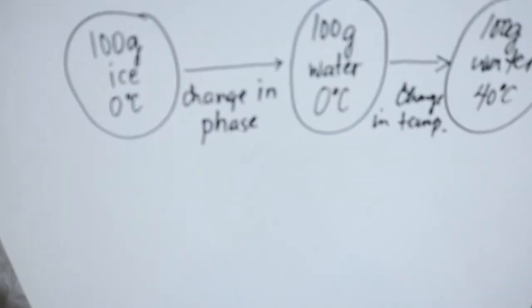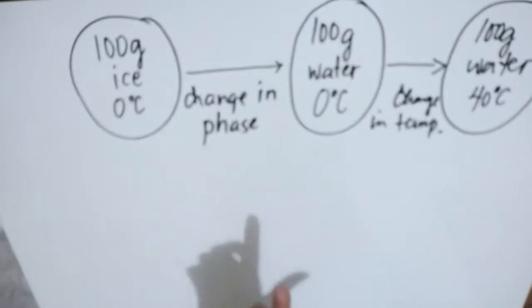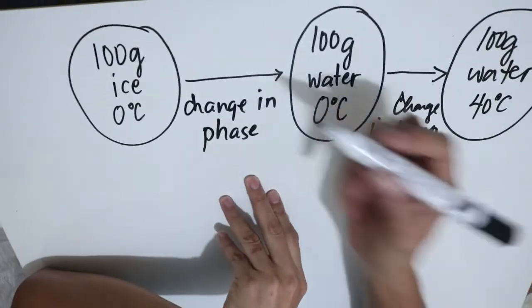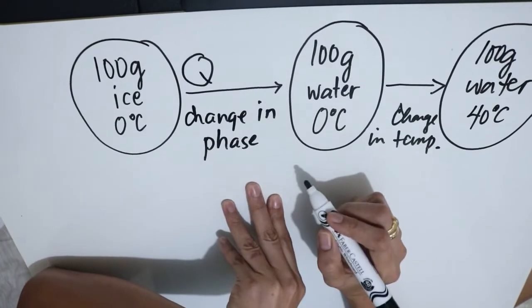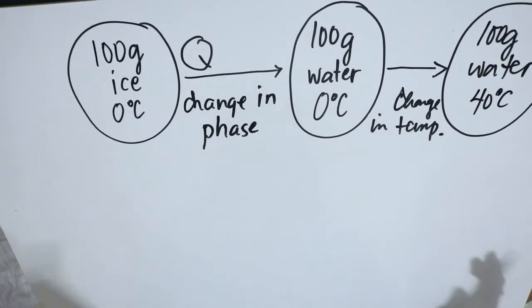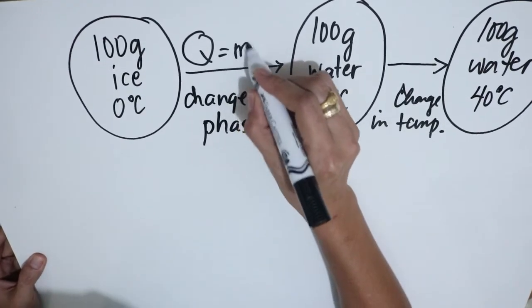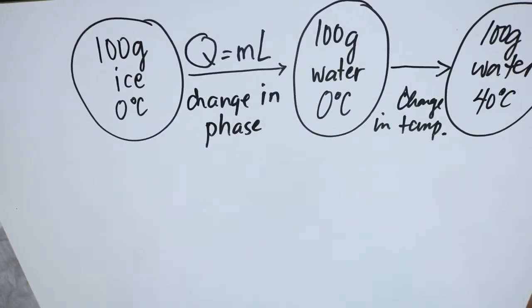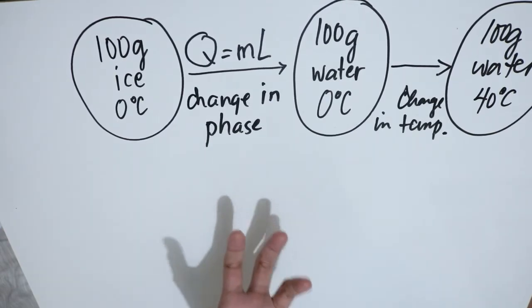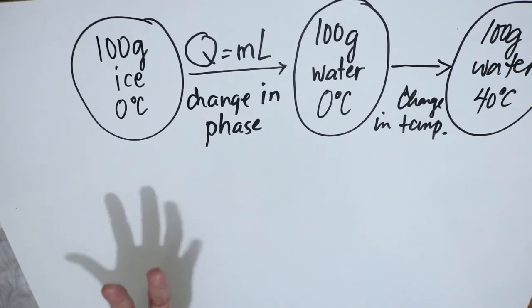So, how are we going to solve this kind of problem? Remember that in change of phase, the amount of energy used, with the symbol Q, is equal to the mass times the latent heat of fusion. Why latent heat of fusion? Latent heat of fusion is the amount of energy for a certain substance.